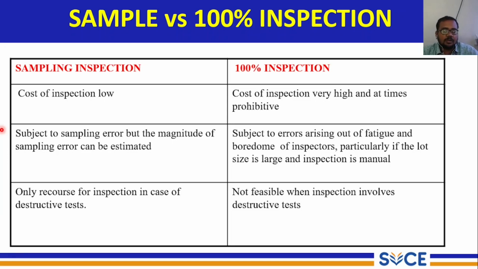Whereas in sampling inspection, one disadvantage is that it is more prone to sampling error. But of course, the magnitude or the effect of sampling error could also be estimated. In 100% inspection, it is very minimal, something very negligible. So you are very sure that the errors are very minimal. Of course, there are a few errors which arise due to the fatigue of the workers and other things.